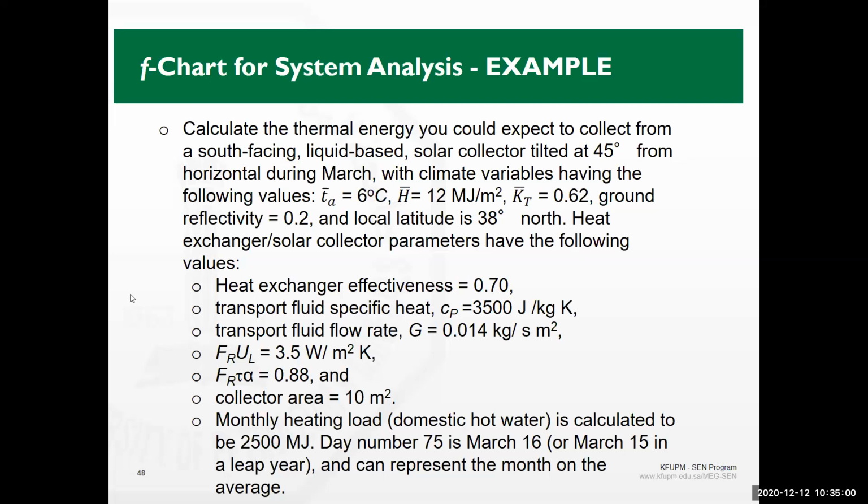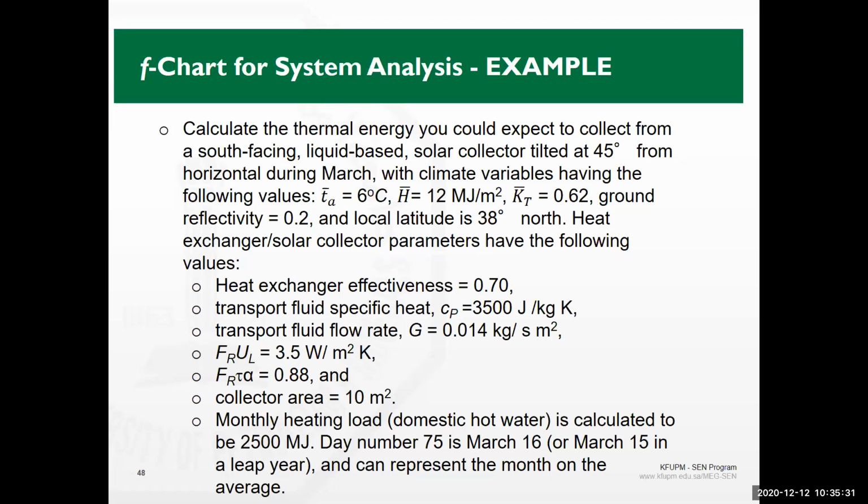Assalamu alaikum. Back again to the case study that we have. It's about the utilization of the F-chart method for calculating the thermal energy that we can collect from a south-facing liquid-based solar collector, which is tilted at an angle of 45 degrees from the horizontal in March, with a climate having the following values.